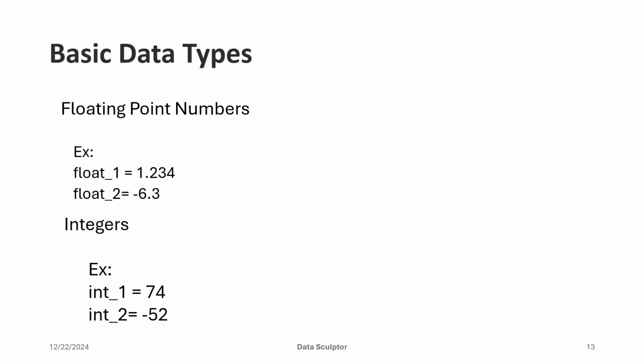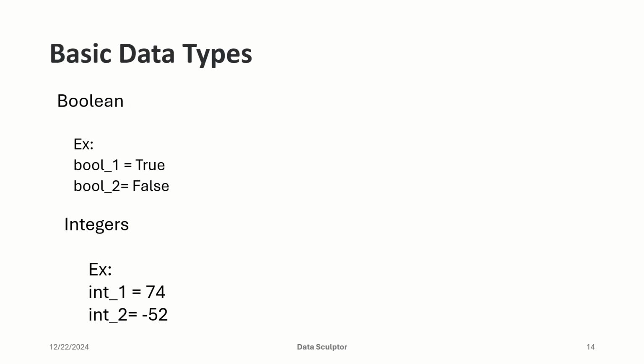And float_2 is -6.3. If you have a decimal, it is automatically considered a floating point. Next is integers. int_1 is 74 and -52, both positive and negative numbers. Next is boolean. bool_1: as we all know, boolean supports only two values, either true or false.